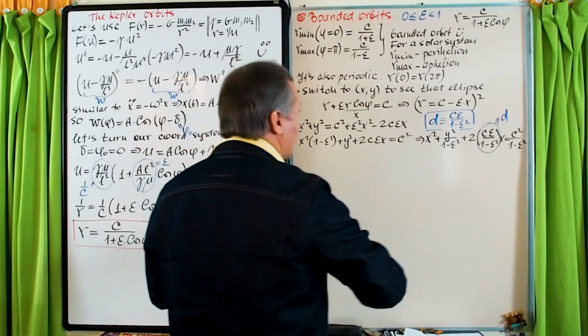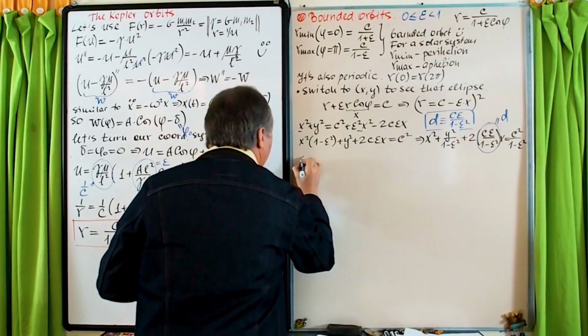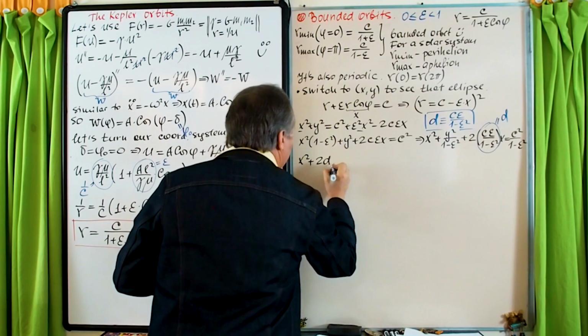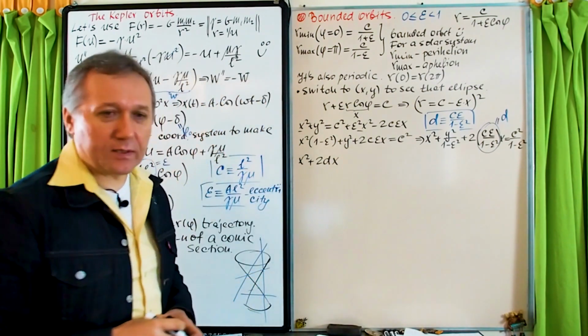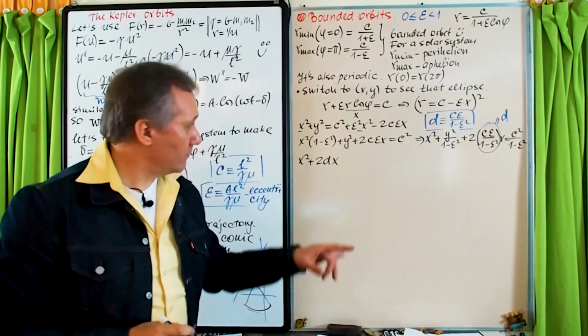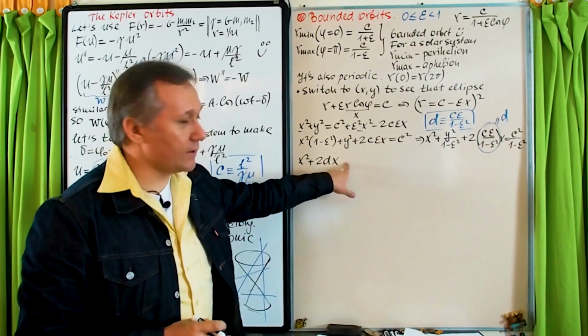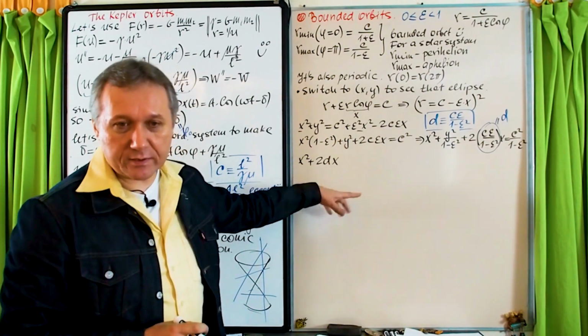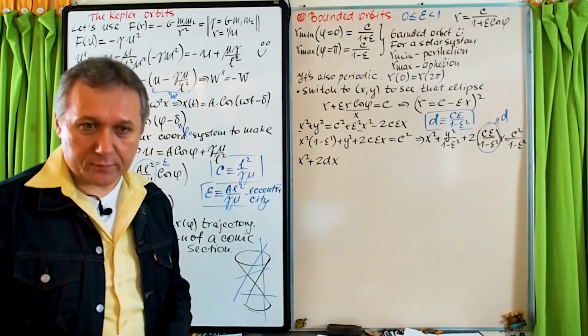So now let me rewrite it. It will be x squared plus 2dx. And you see immediately, we can complete a square in x. If over here I add d squared, I can create x plus d to the power of 2, right? So let's do it.